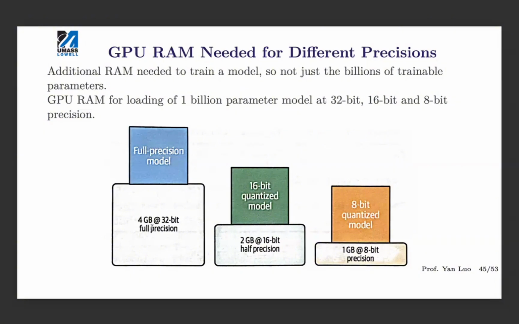To give an example, for this 1 billion parameter model, we're talking about 4 gigabytes of space. And this size depends on the size of these parameters, which could be reduced if we apply quantization, which is the topic we'll talk about not next week, but probably the week after.